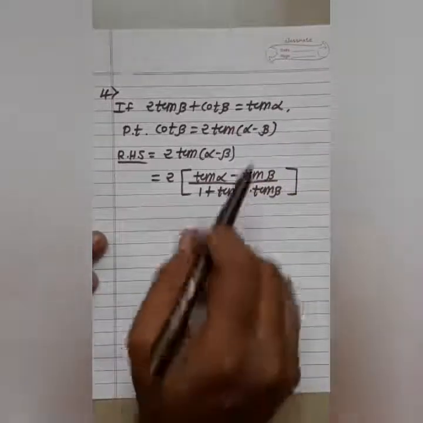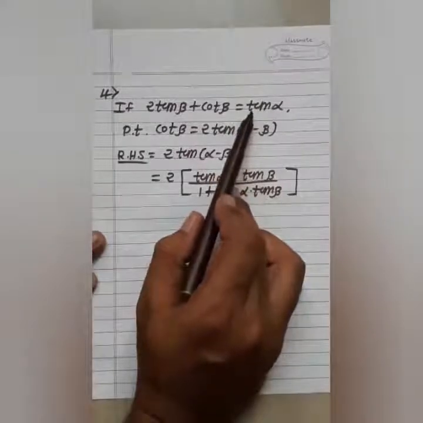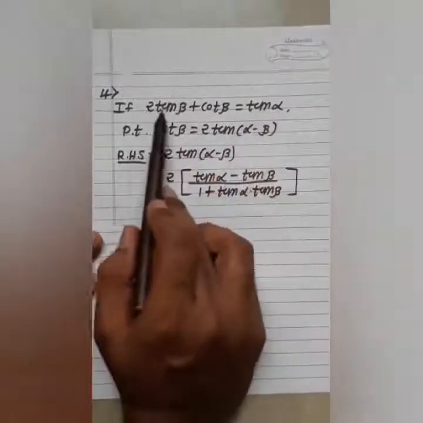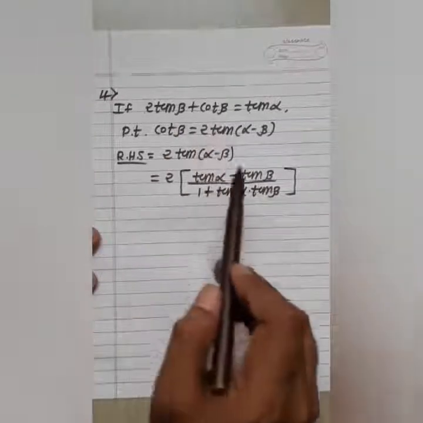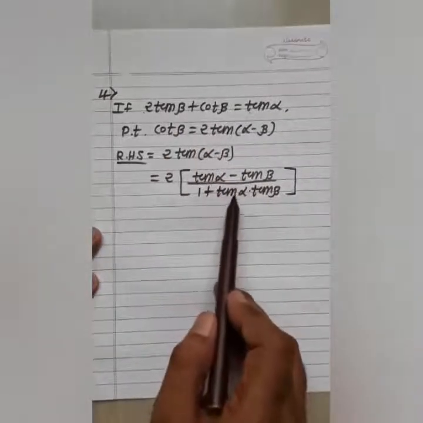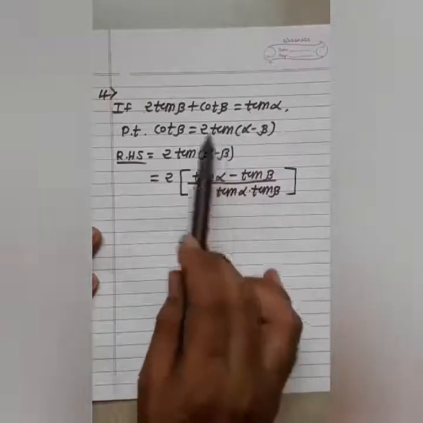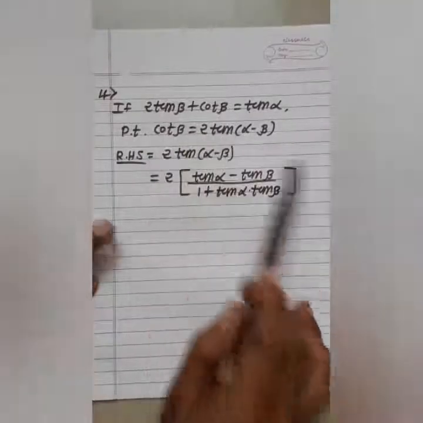Now in our question the condition is given: tan alpha is equal to 2 tan beta plus cot beta. Here tan alpha is present in the numerator and denominator, so in both places we can substitute this value.